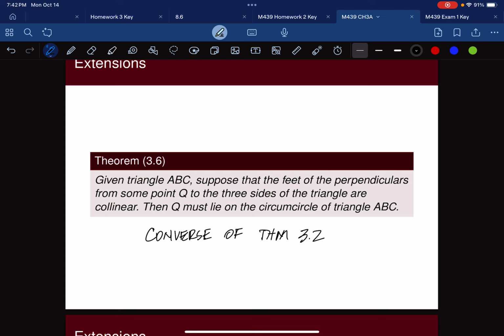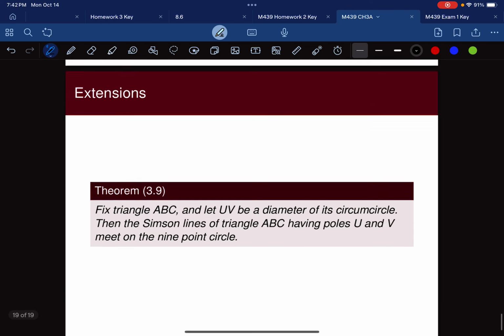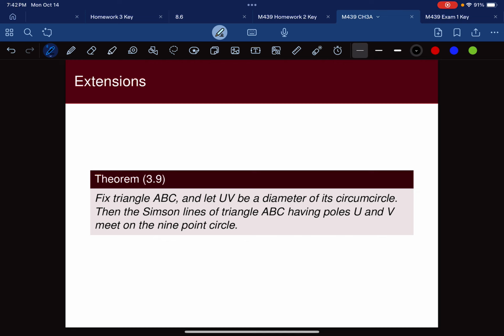But probably the one that I want to do the most on GeoGebra is this one, and it's just a mind blower. If we fix triangle ABC and we let UV be a diameter of its circumcircle, then the Simpson lines of the triangle ABC, having poles U and V, meet on the 9-point circle. This is just fascinating.